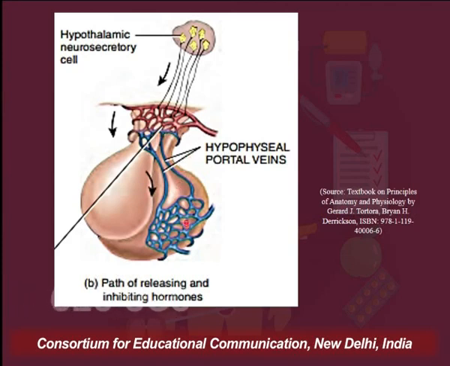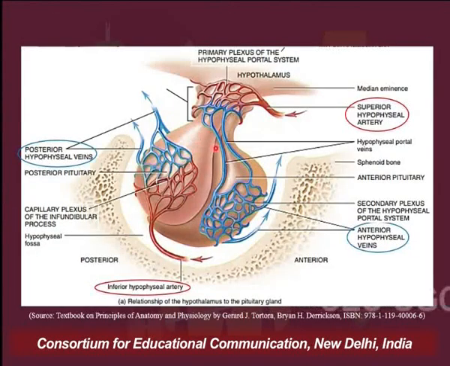So in this figure you can see that there are a number of hypothalamic neurosecretory cells. There are axons, and the axon terminals are ending at this network of blood vessels. Now this network of blood vessels is again forming a portal vein, and these portal veins are forming another network of capillaries. Look at this figure.